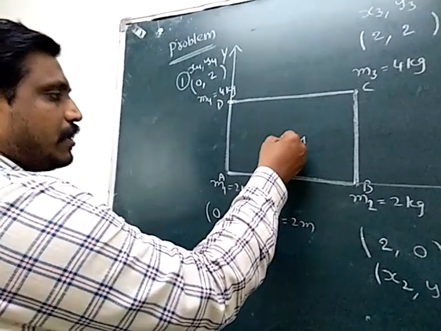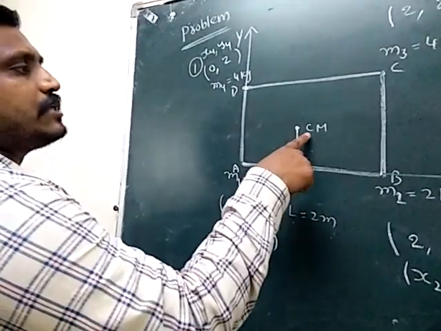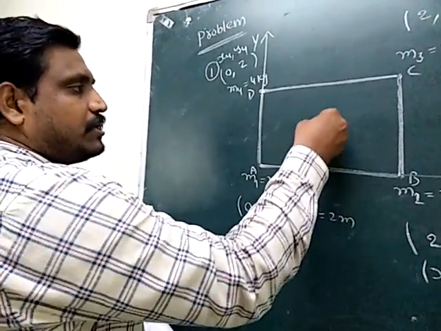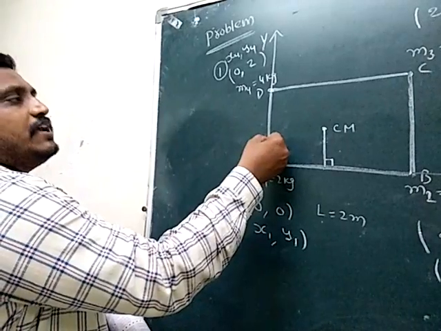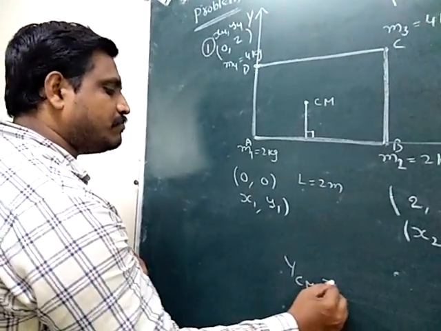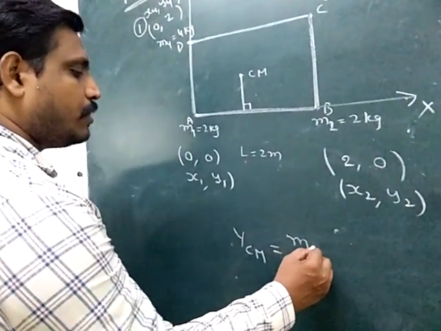Here in the topic, find the perpendicular distance from center of mass to AB. This perpendicular distance is parallel to the y-axis. So that is called YCM. What is the YCM in the center of mass problem?